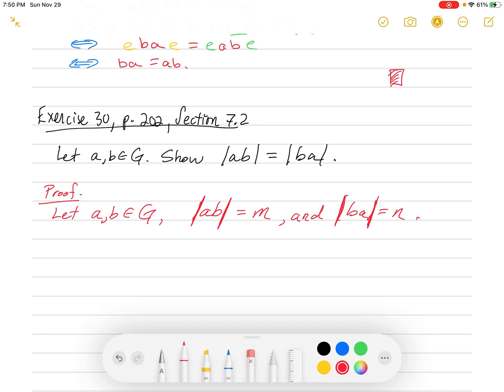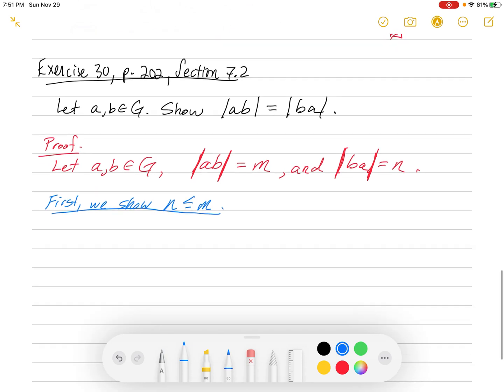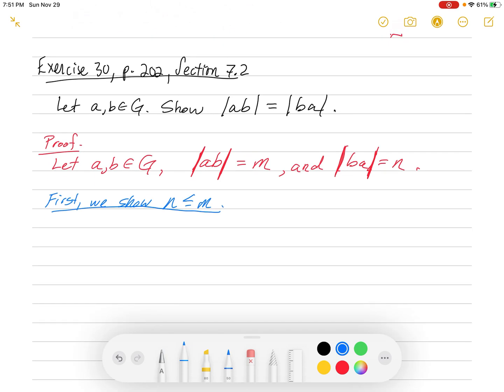So what we're going to do first, we're going to show that N is less than or equal to M. That's our first goal. And then after that, we'll show M is less than or equal to N, so that means they'll be equal.